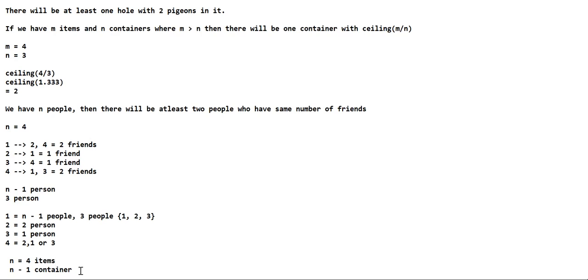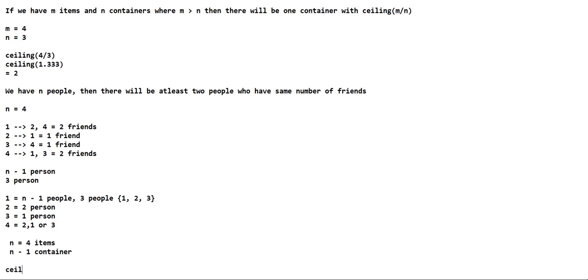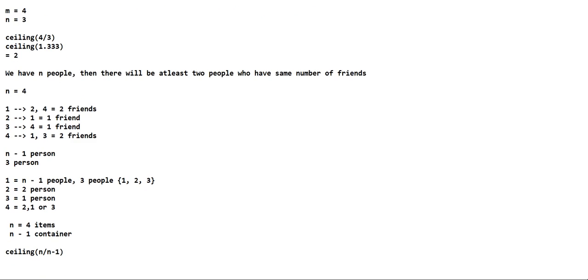So by the pigeonhole principle, we'll have at least 1 container with ceiling of n divided by n minus 1. So we have 4 items and 3 containers, so we'll have at least 1 container with 2, meaning at least 2 people with the same number of friends. So that is the pigeonhole principle. Let's take another example.